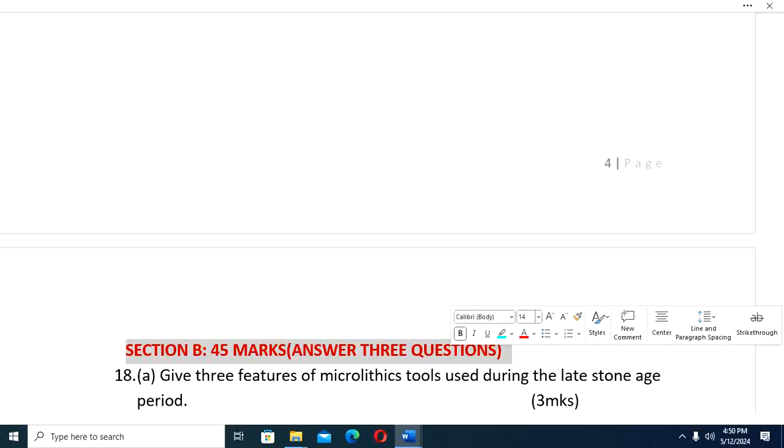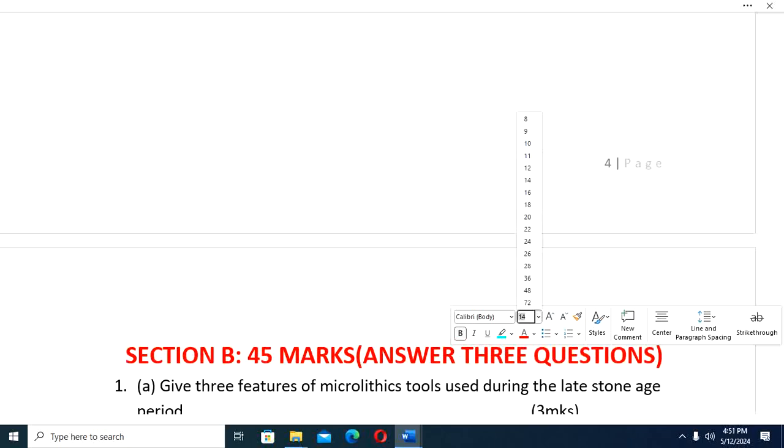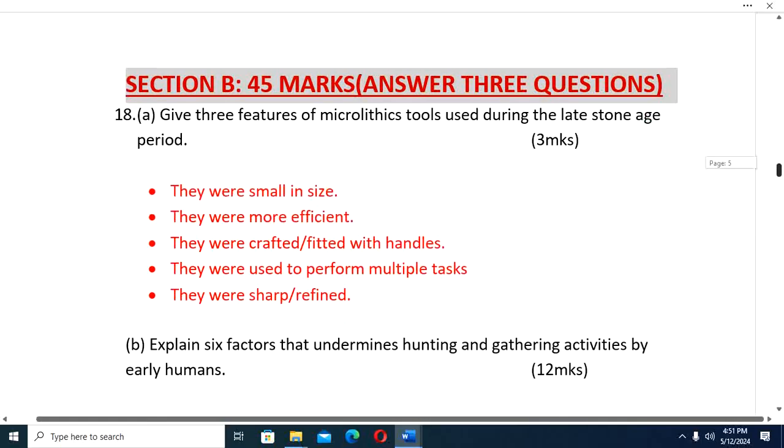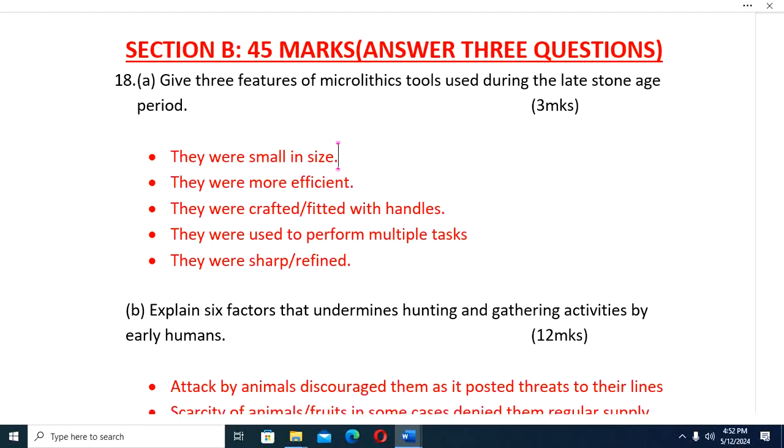And we said when you are answering, make sure that you number your work. Because when you write the answer and the examiner cannot know which number you have written, and to make matters worse, you have only written the answers, you have not written the question, then it becomes very difficult for the examiner to mark.